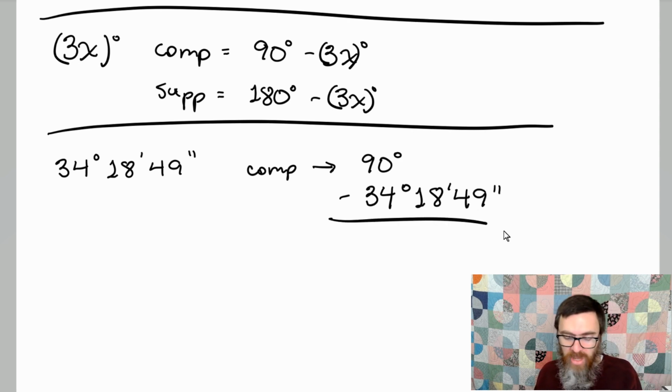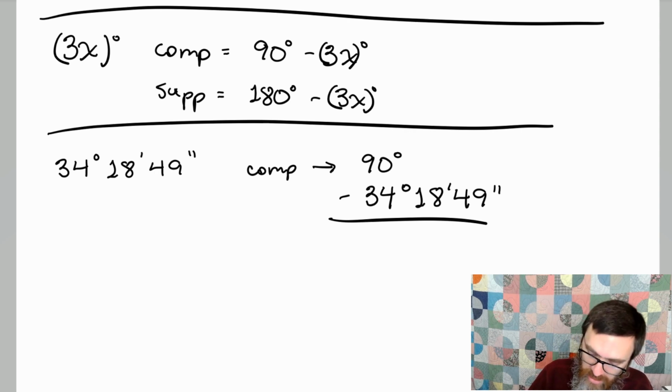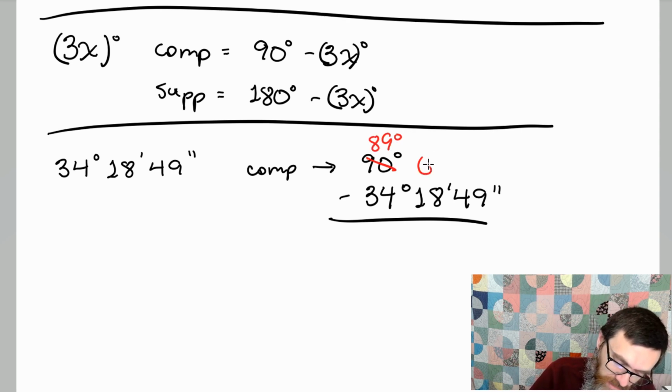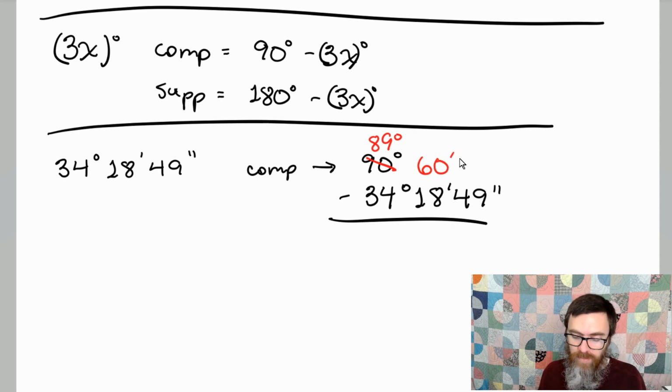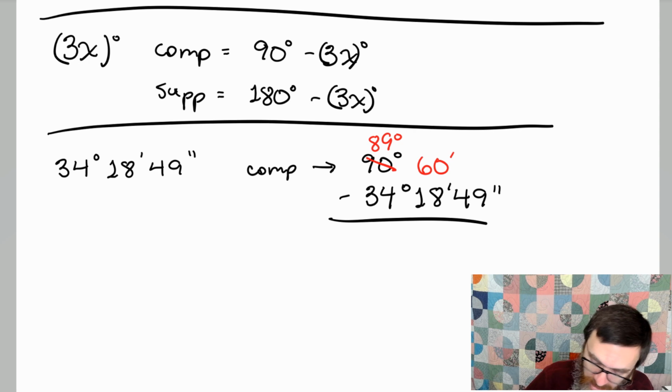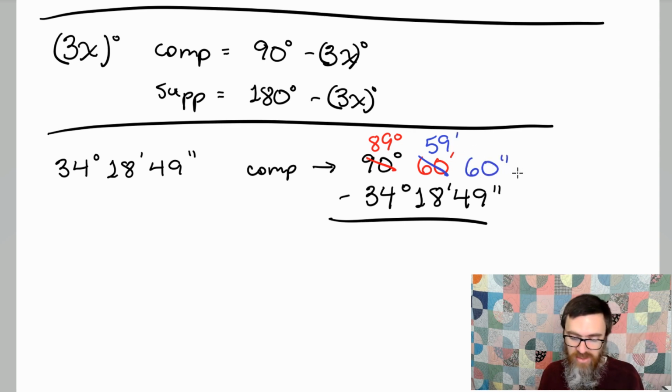All right, so we know that we have to borrow, right? So if we borrow, that's going to turn this into 89 degrees so that I can get 60 minutes here. But I still have to have enough so I can do the subtraction with the seconds. So let me borrow one from here to make that 59 minutes, and that gives me 60 seconds.